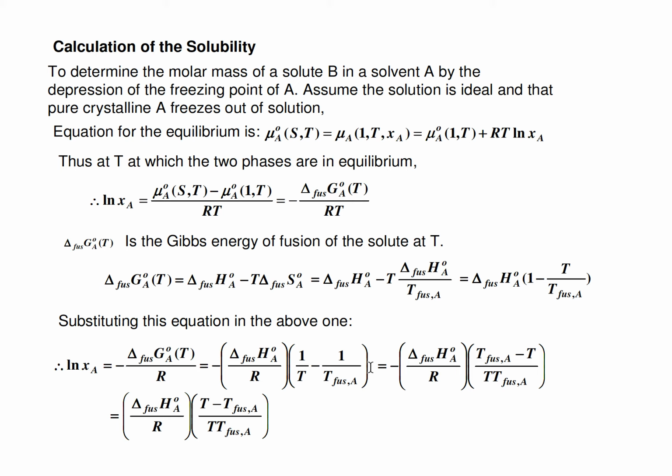Okay, calculation of the solubility. To determine the molar mass of a solute B in a solvent A by the depression of the freezing point of A, assume the solution is ideal and that pure crystalline A freezes out of solution. An equation for the equilibrium is given here.